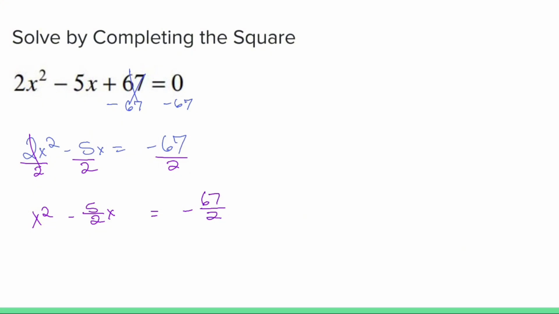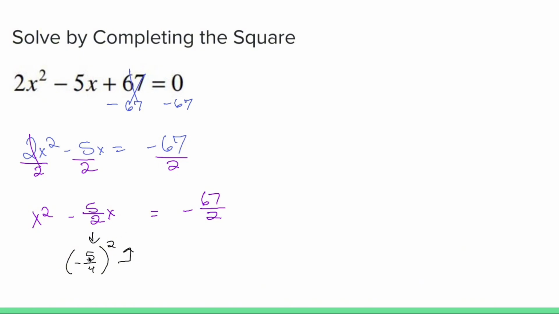Awful. Now the next thing that we're going to do is take half of the number in front of x, which is half of negative 5 over 2. When you multiply negative 5 over 2 by a half, you get negative 5 over 4. You take that number, you square it, and you add that to both sides.